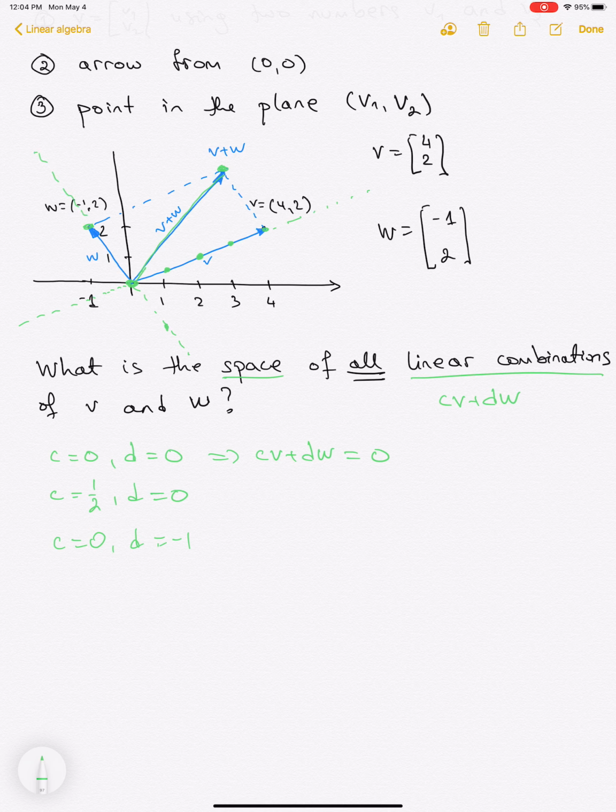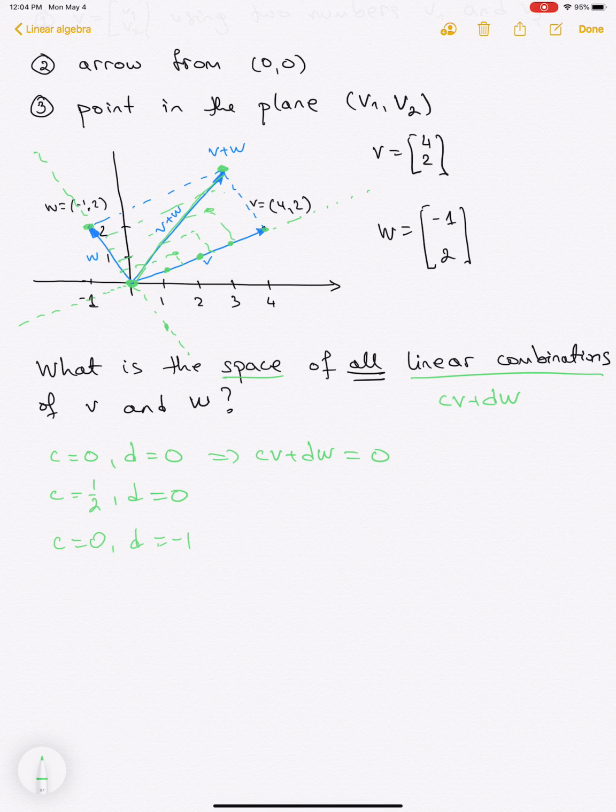So by setting one of the scalars to 0 and letting the other one change, we're describing lines through the vector V and the line through the vector W. And then you see that any combination, now these can be used again as points, any combination would also be there, right?